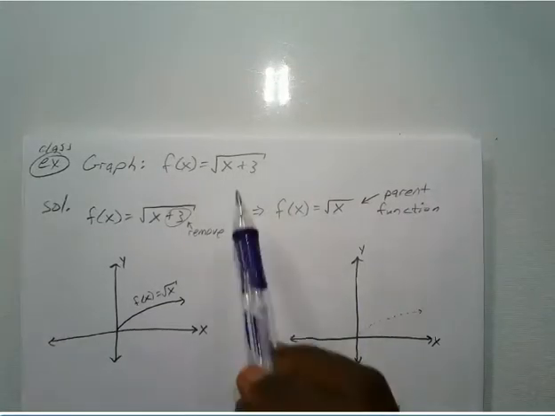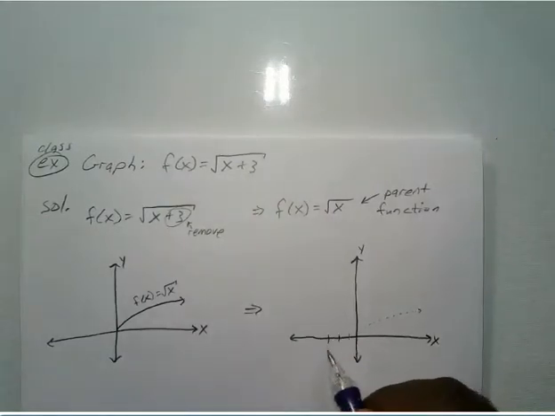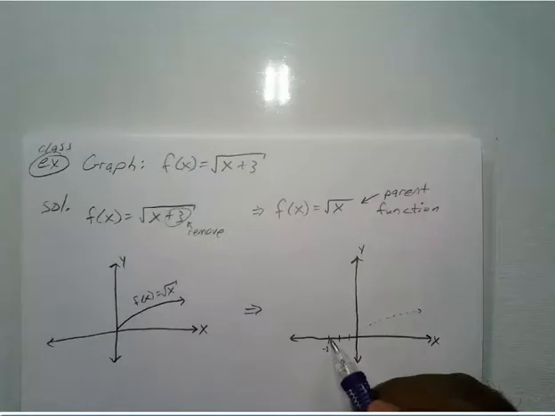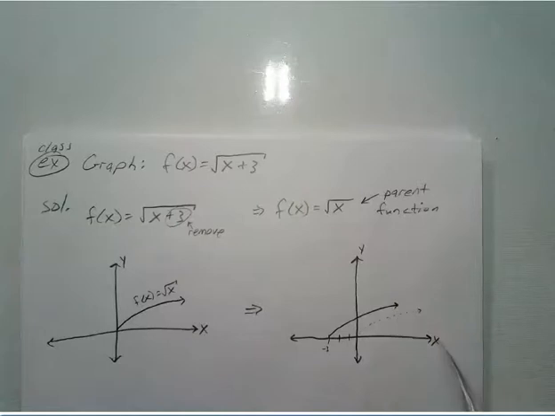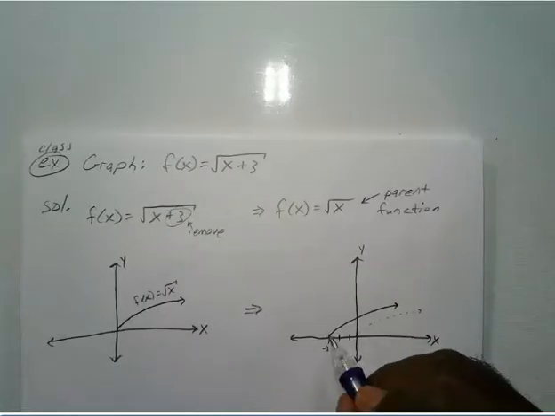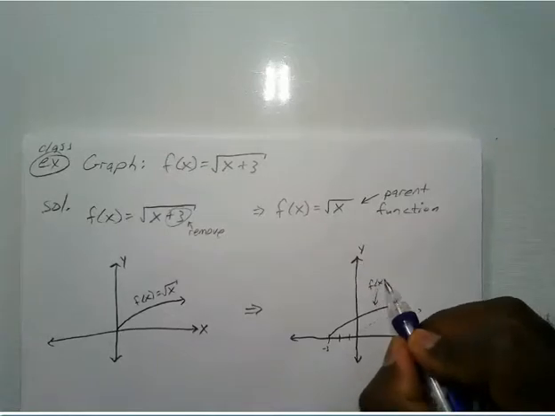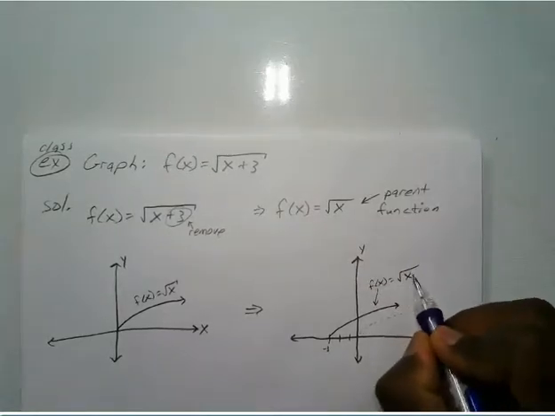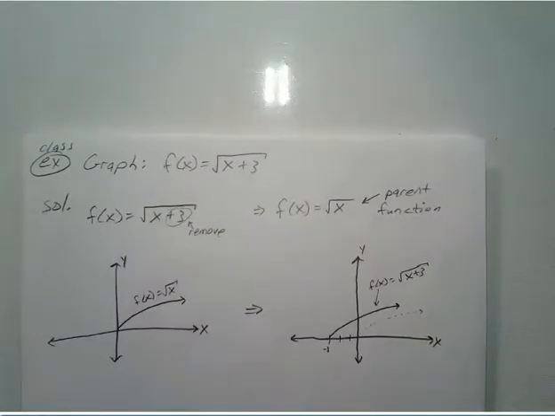We're going to get this graph and shift it to the left 3 spaces, so it ends up looking like that. So this would be the graph for f of x equals square root of x plus 3. Hopefully that graph made a little bit of sense to you.